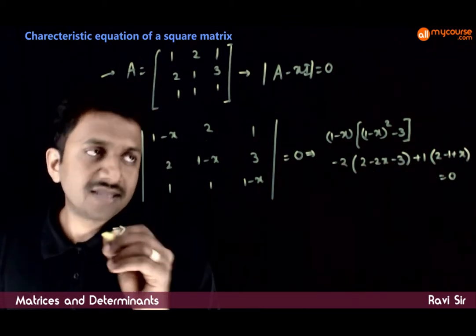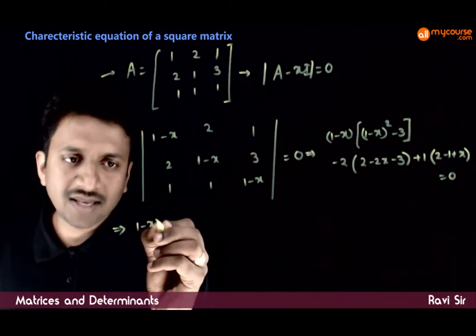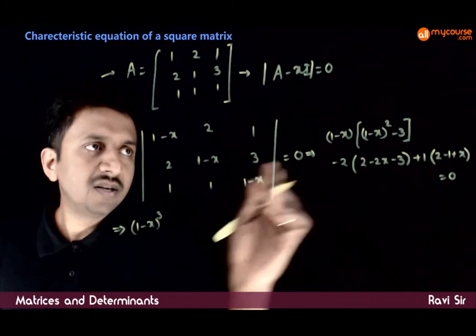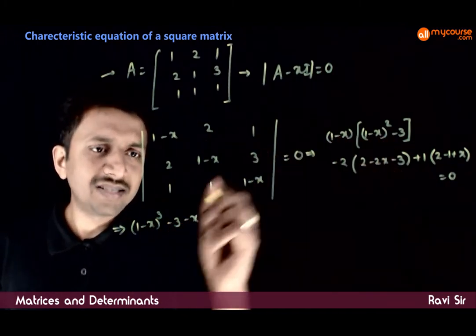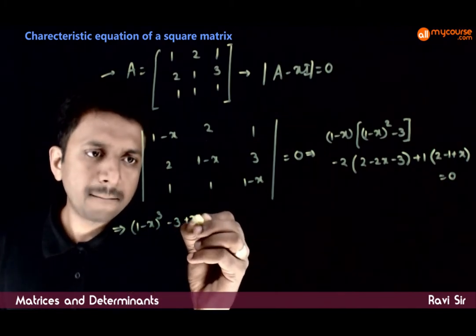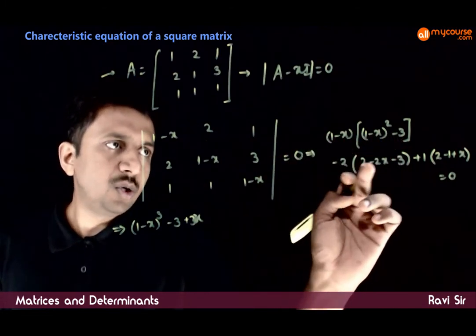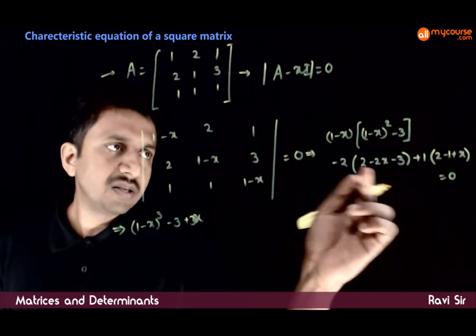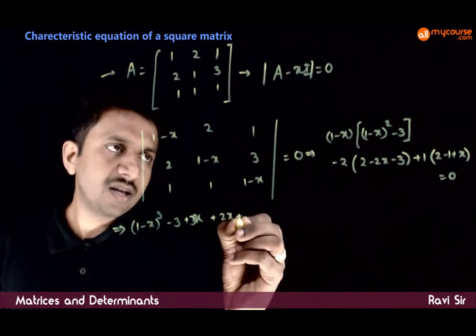So this implies (1 minus x) times (1 minus x) whole square is (1 minus x) whole cube, minus 3 minus x minus 3 plus 3x, minus 3 plus 3x. So 2 minus 3 is minus 1. So plus 2 times (2x plus 1), that is plus 2x plus 1.